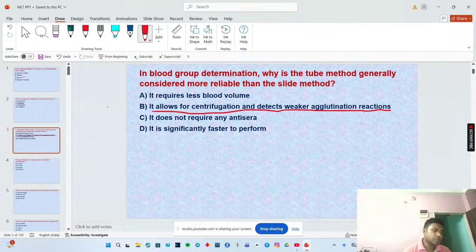Because in the tube method we can centrifuge the sample, it detects the weaker agglutination reactions, which is impossible to detect in the slide method. So the tube method is generally considered more reliable than the slide method.